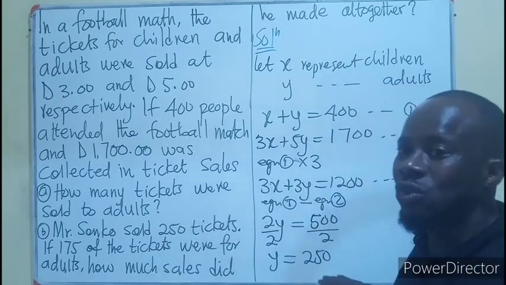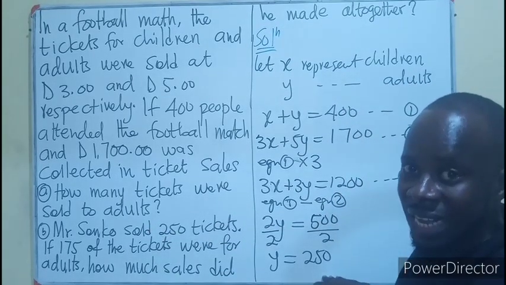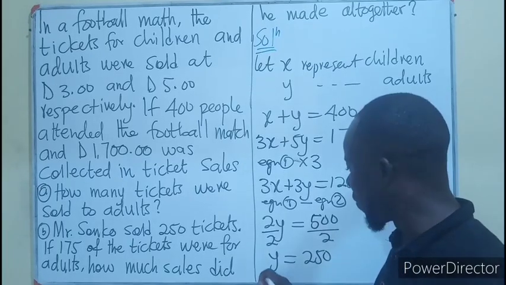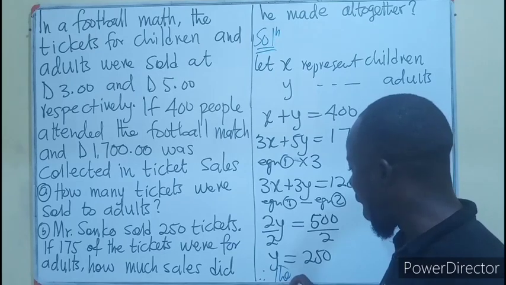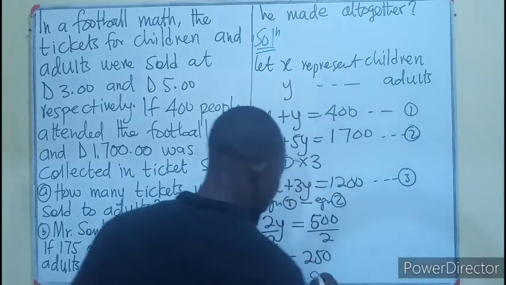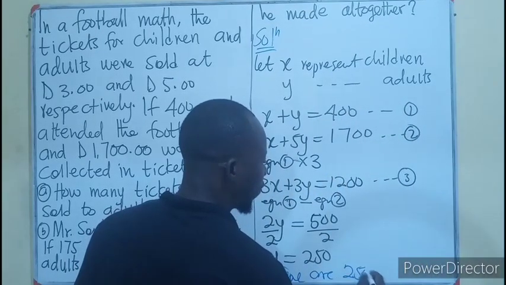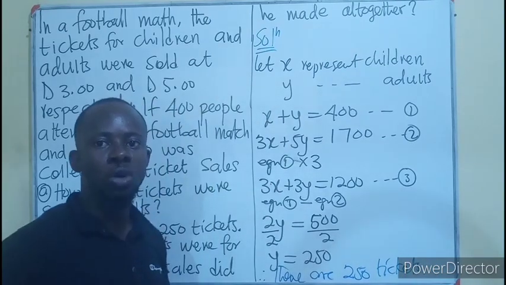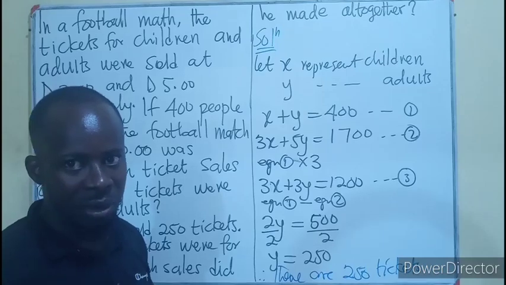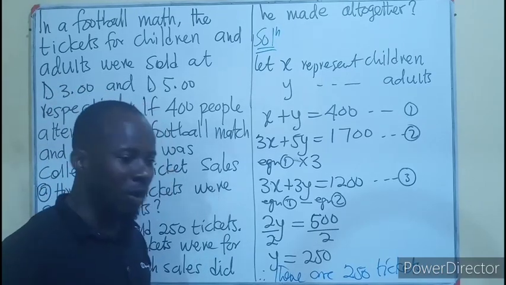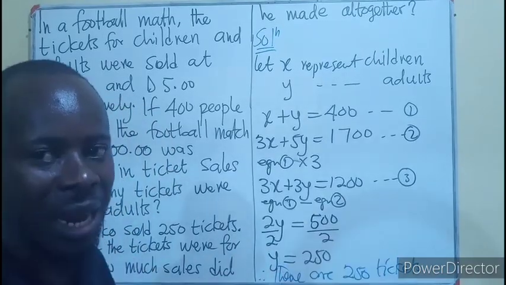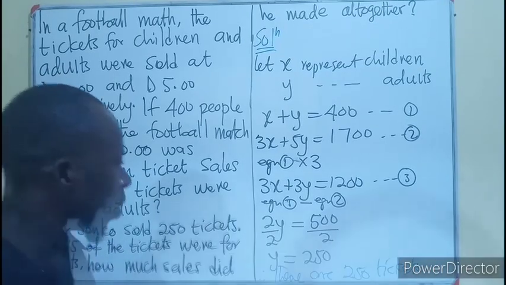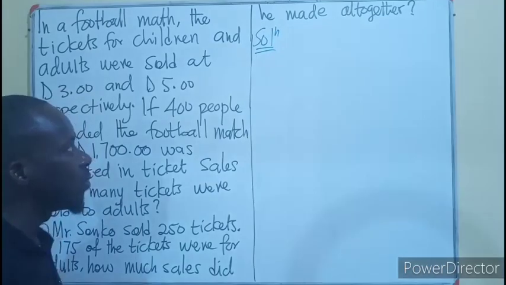Since the adults are 250 of them, it means that there are 250 tickets sold to the adult. I believe that part is clear. The number of tickets equates to the number of adults in that football match.